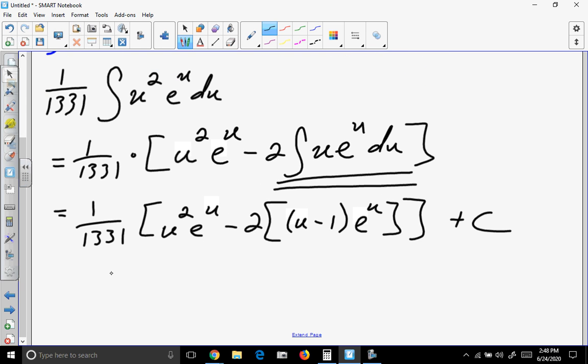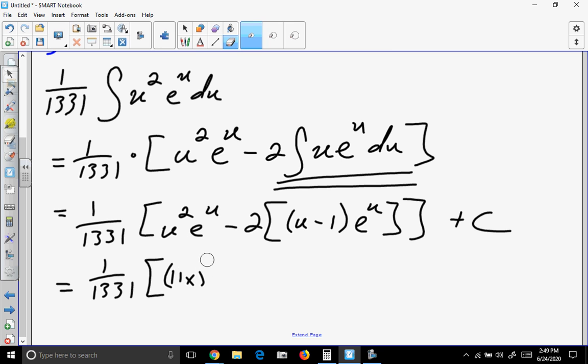Our u is 11x. So we have our 1331 on bottom. We have 11x squared. And I tell you, we could factor this first before we substitute in. Let's do some distributing, and then we'll pull out what we have in common if that simplifies any.